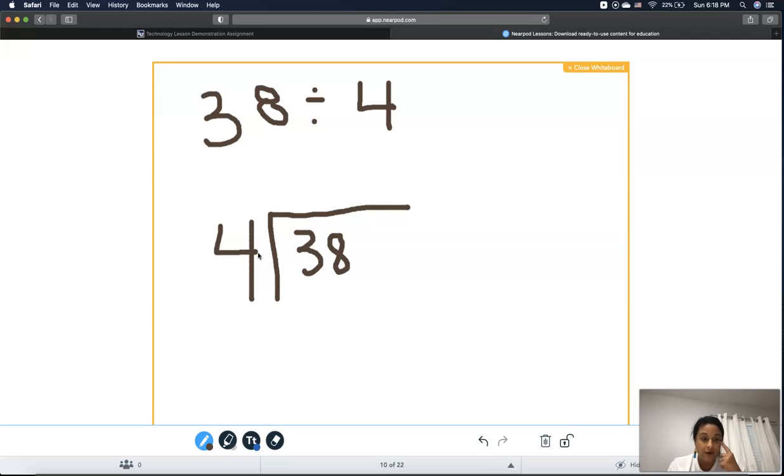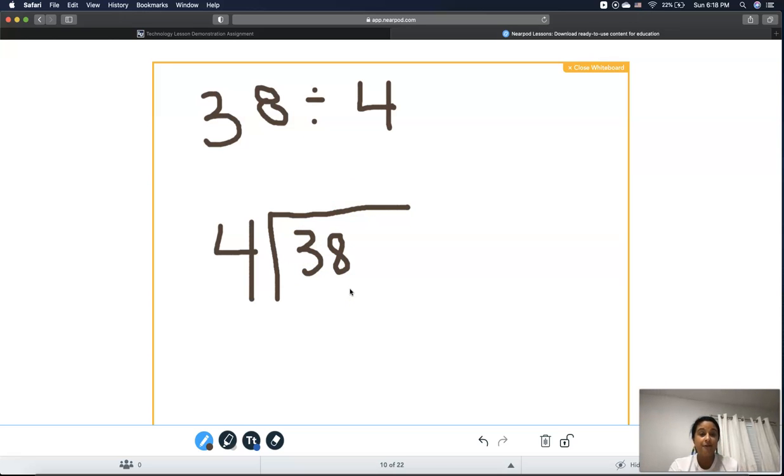We're going to ask ourselves, can I put 4 into 3 evenly? Let's think. No, we cannot. So let's look at the next. How many times can 4 go into 38 without going over?